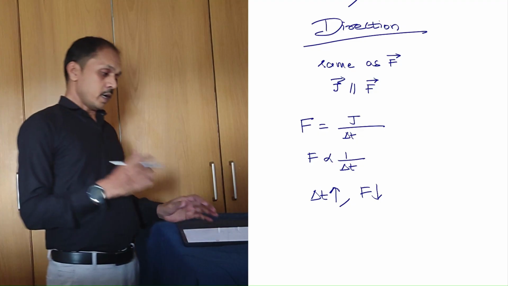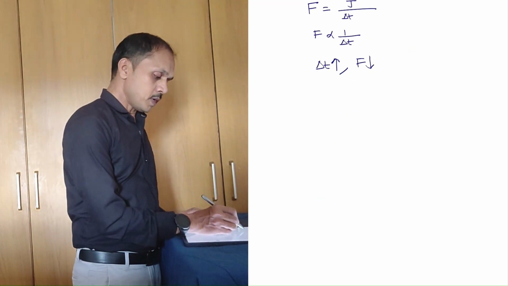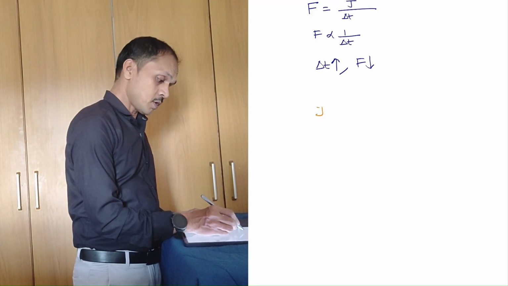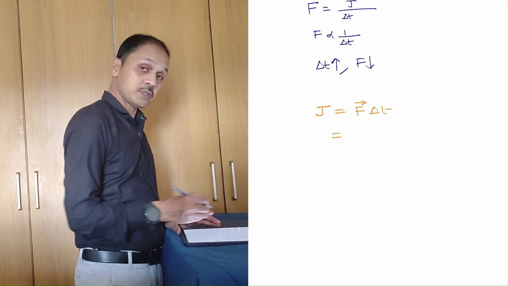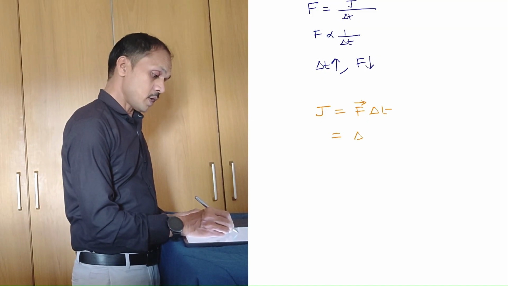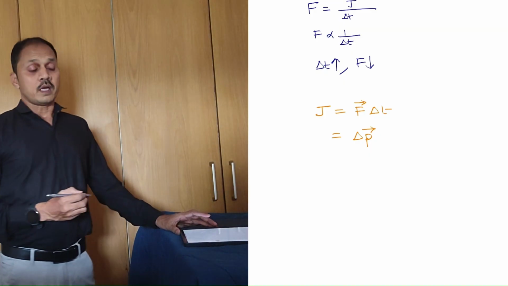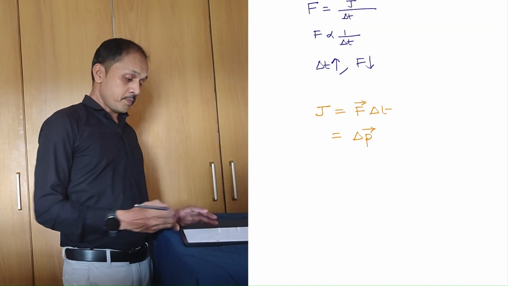Okay. And now, how do you find this impulse? Generally, we gave one equation, that impulse is force into time interval, and you can also write this as change in momentum. Already we have discussed momentum in the previous video, just go through that once.